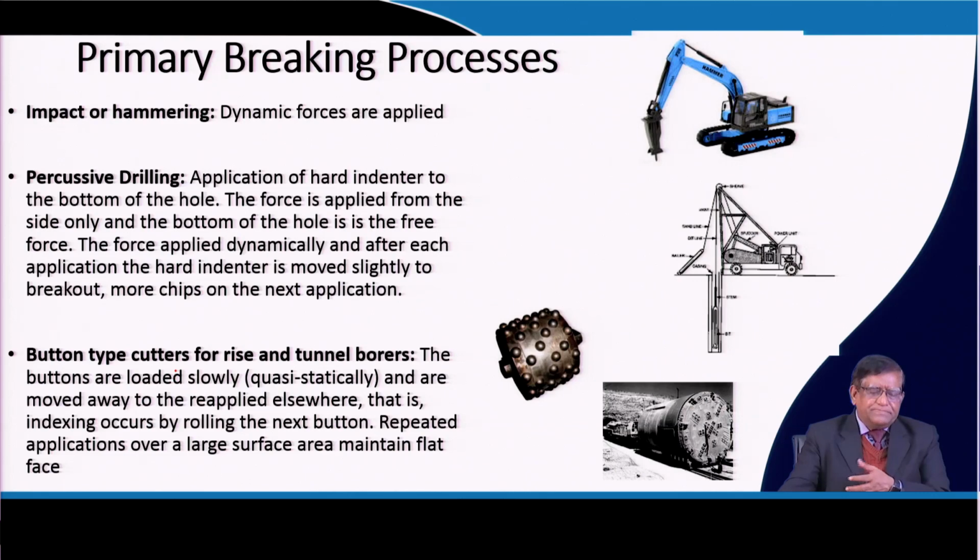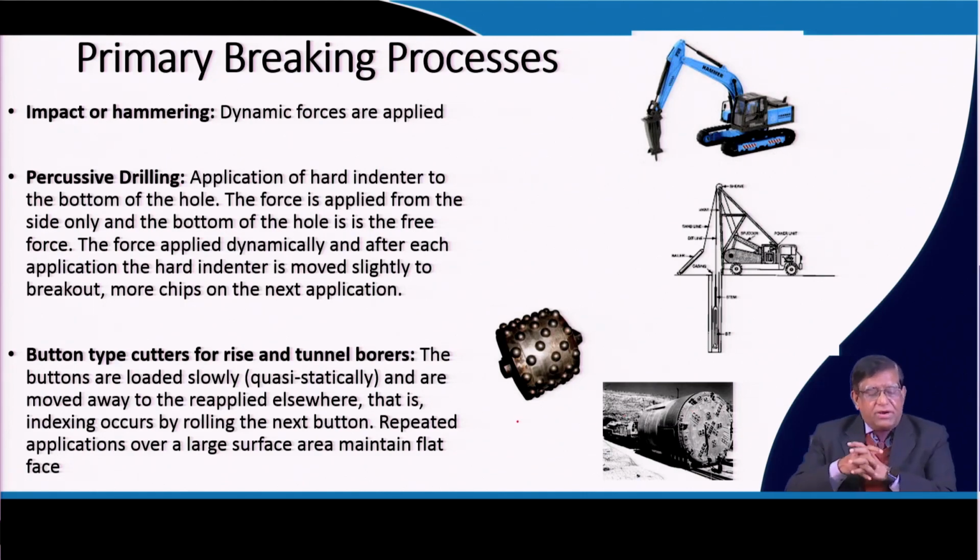Then there are tunnel boring machines, which you might have heard of. There we can see the buttons. Here it is rotary, and then it gives impact. The tungsten carbide buttons are inserted here, and they give the shearing action to the rock surface, and they make the tunnels.